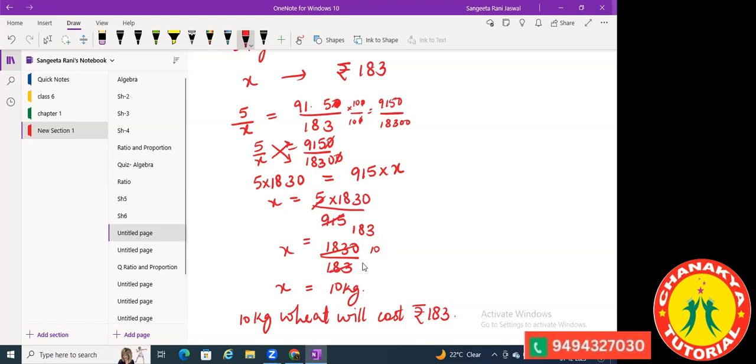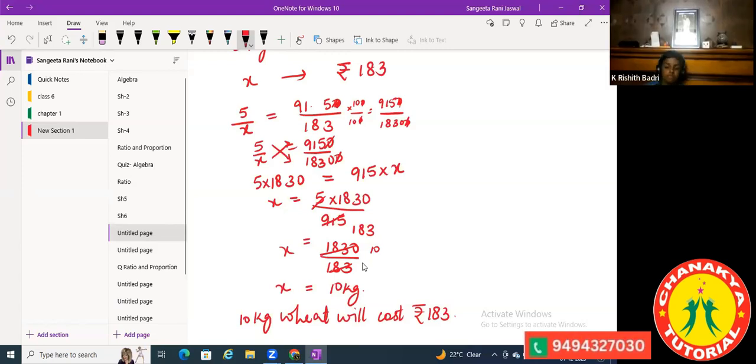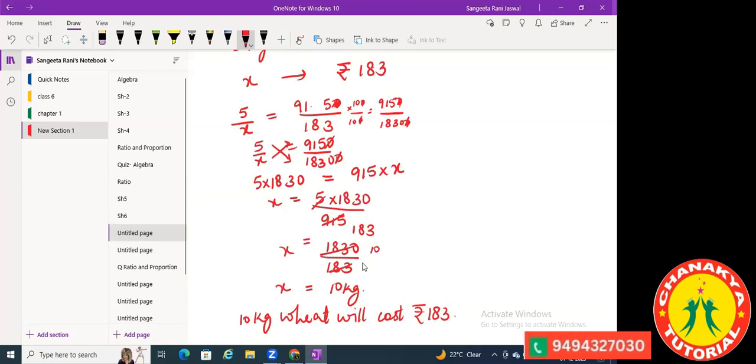The decimal place will move one place behind, and here also I will have just one 0. You got it? Understood? So I have removed one 0 here. I cross multiplied it, and when I cross multiplied here, I get 915 multiplied by x. Understood this much?